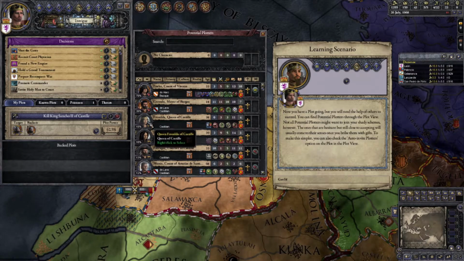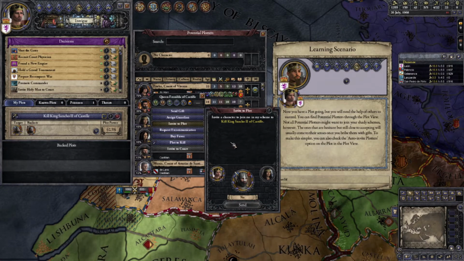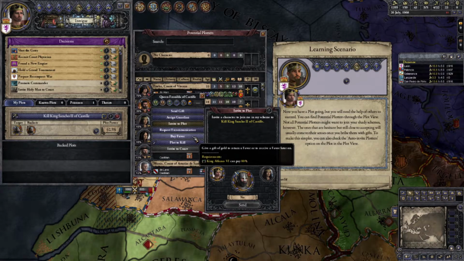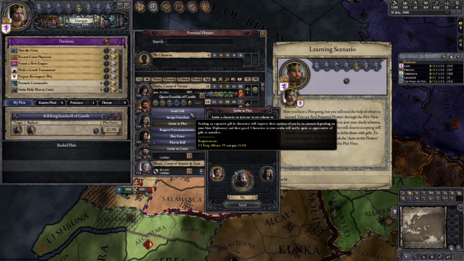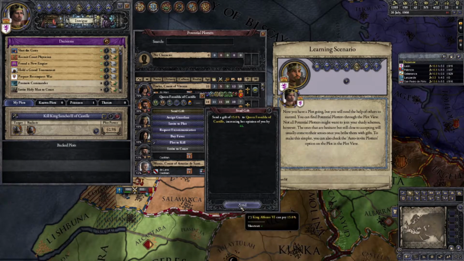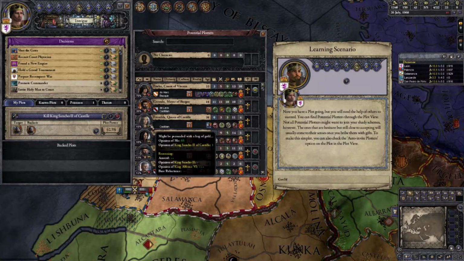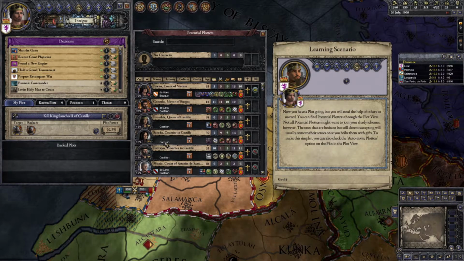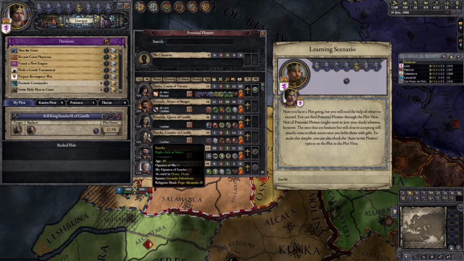The Queen of Castile. Oh, that's always nice. Let's send her a gift. Alright, she'll join. Then we have Sancha, courtier in Castile.